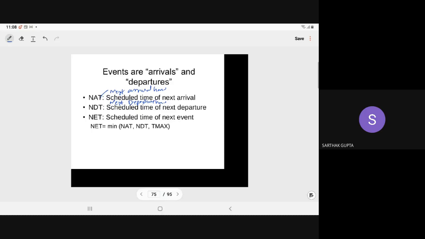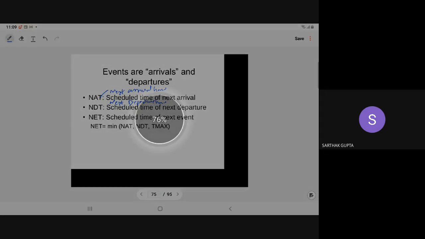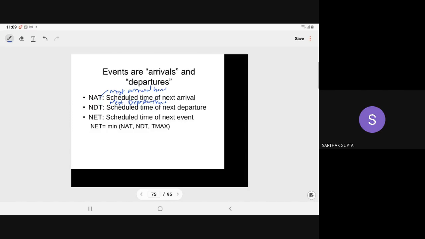Clear? Then we have the NET. NET is the next scheduled time, or you can say the next event time. The next event can be either the arrival, the departure, or the Tmax.